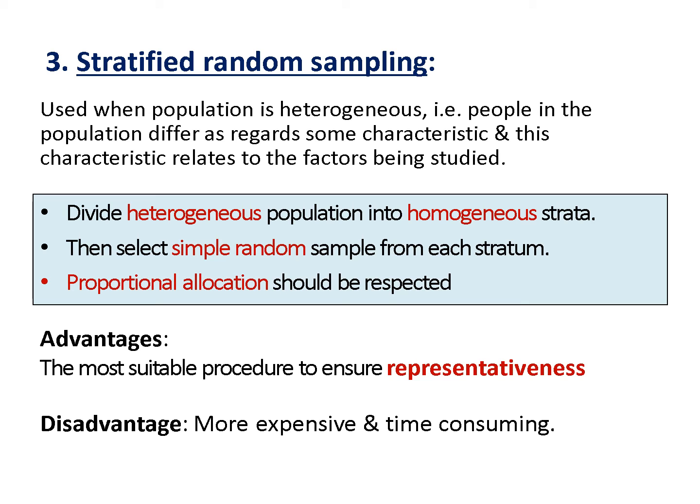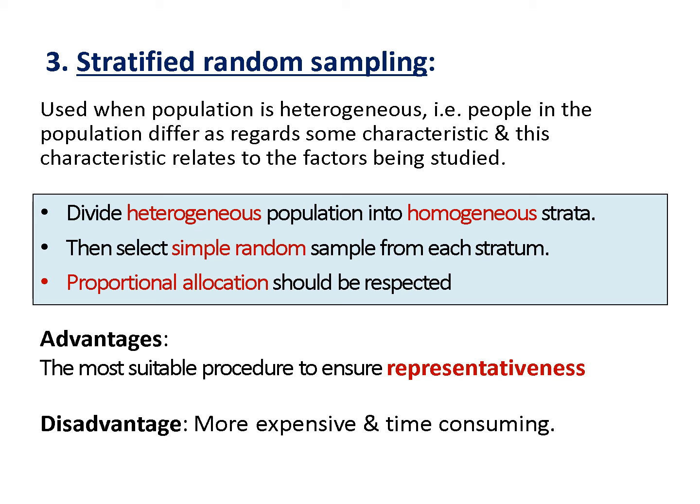But here, if the population is heterogeneous, we can't use a simple random sample, but instead we use stratified random sample. That's to say, people in the population differ as regards some characteristics. This characteristic relates to the factor being studied.